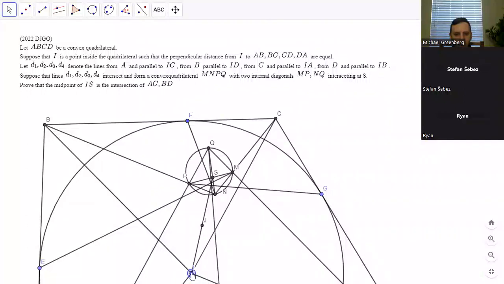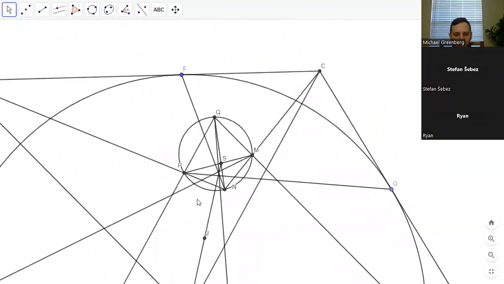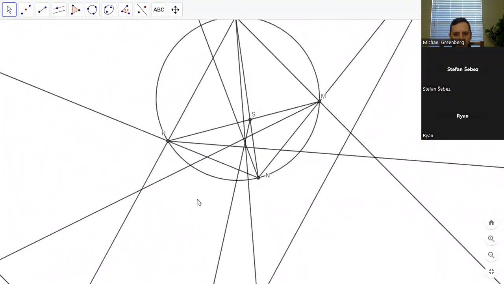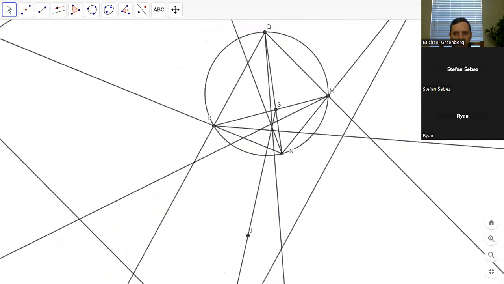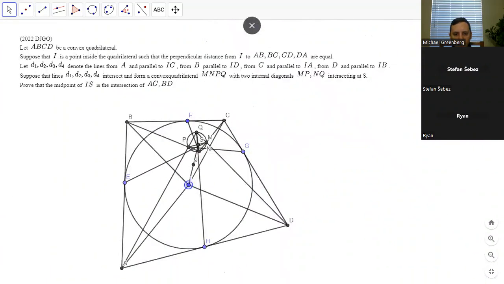Yeah, maybe one of them I drew wrong. It kind of looks like it, but I don't know. And I'm not sure exactly what that would do.